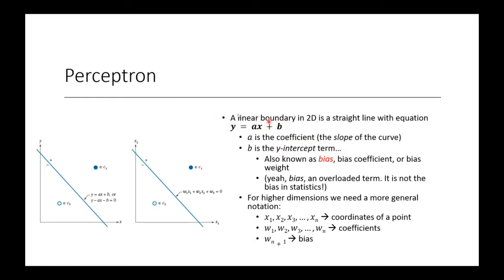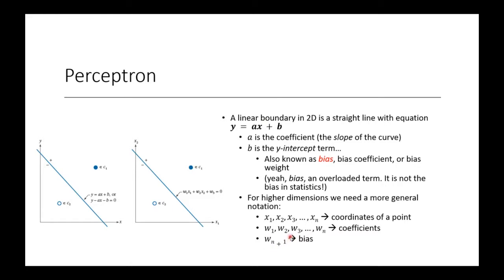For higher dimensions, we need a more general notation. So we use coordinate points as x1, x2, and so forth until xn. And the coefficients of every axis would be w1, w2, and so on.